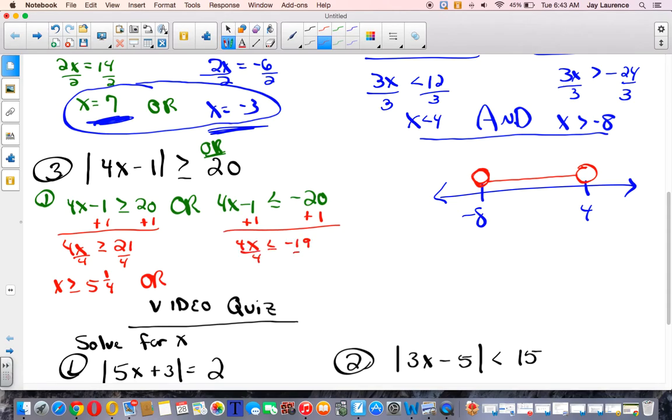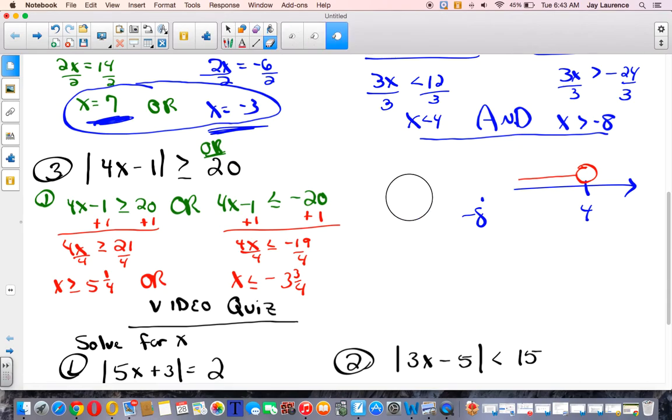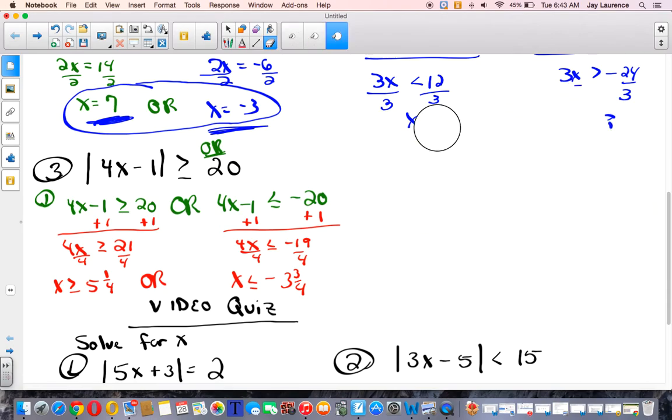Divide by 4, divide by 4. X is going to be less than or equal to negative, where am I, 3 3/4? Yeah, 3 3/4. Okay, I'm going to do it on my number line over here to the right because I ran myself out of room.